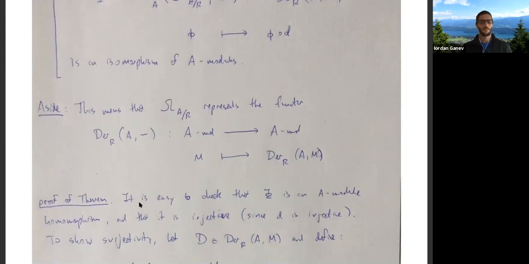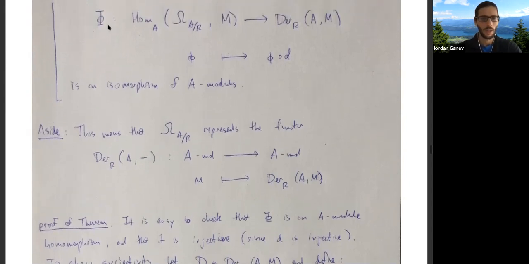So how do we see the theorem? Well, first of all, we go back. I guess capital phi is the notation for this map. First of all, it's easy to show that it lands in derivations, because D itself was a derivation, so this composition will be a derivation. It's also easy to check that it commutes with the A action, because the A action is just on M on both sides.